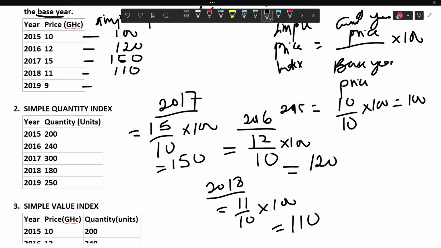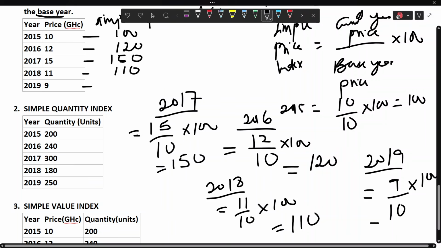Then for 2019, its price, 9, divided by the base year price, 10, times the 100, is giving us 90.